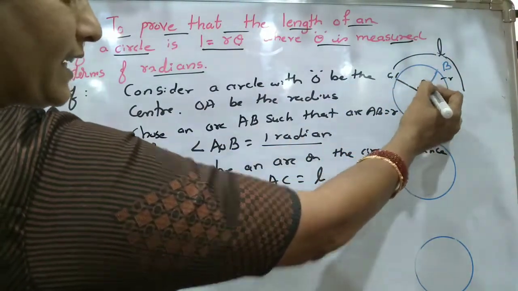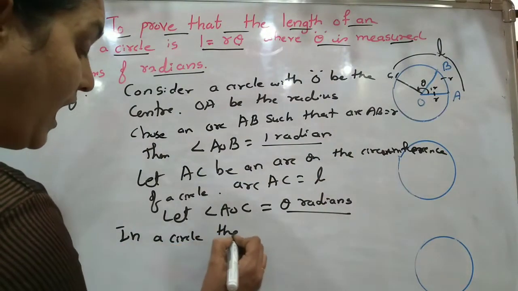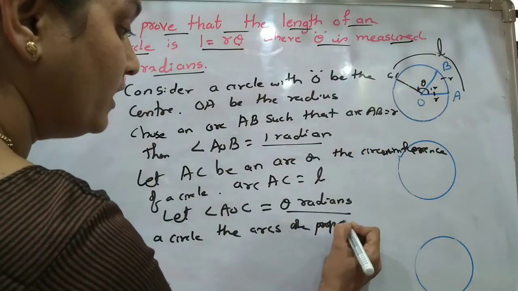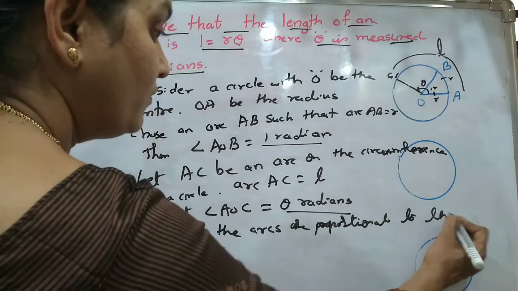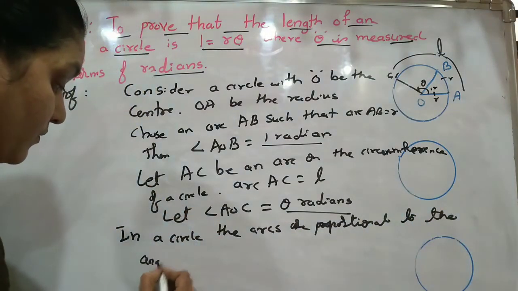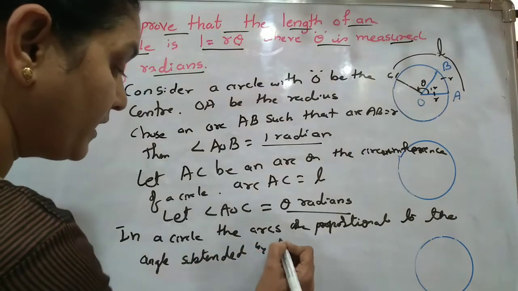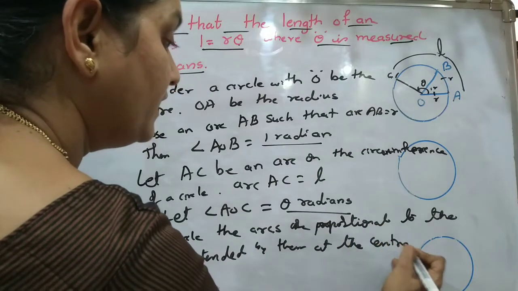In a circle, the arcs are proportional to the angles subtended by them at the center. Here I have two arcs.